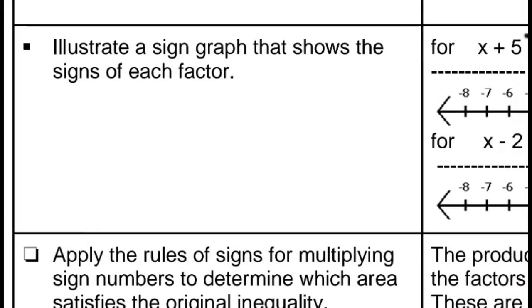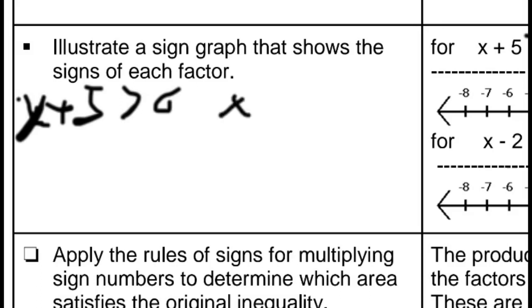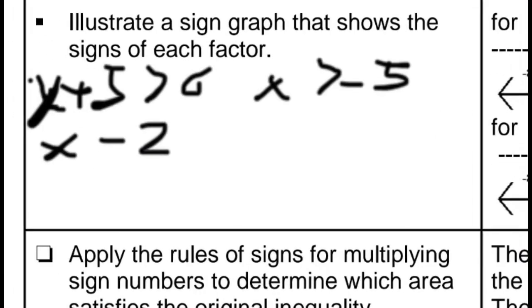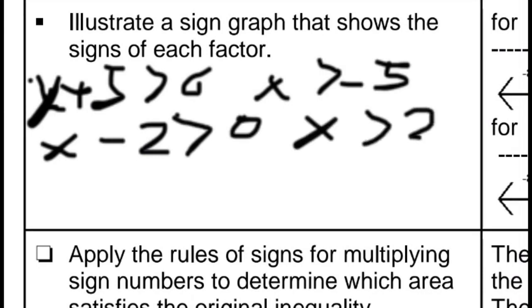So to solve this one, let's have case number 1, x plus 5 greater than 0. So in here, we're going to have x greater than negative 5, and x minus 2 greater than 0. So x here is greater than 2.